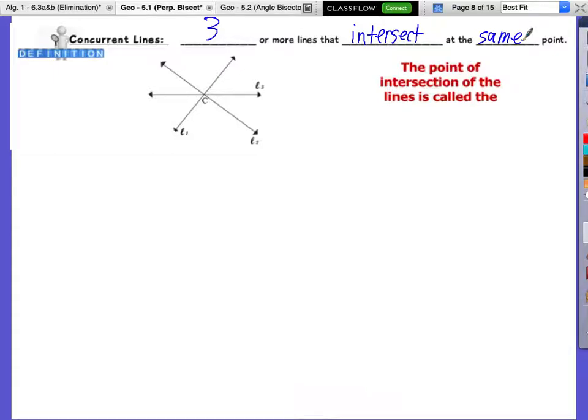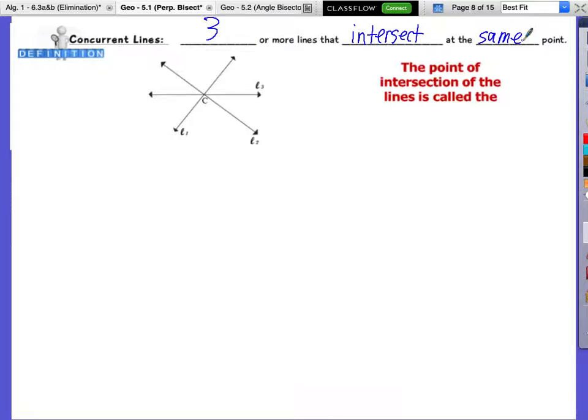And current also kind of means at the same place or time. So they are together at the same place. They intersect at the same point.